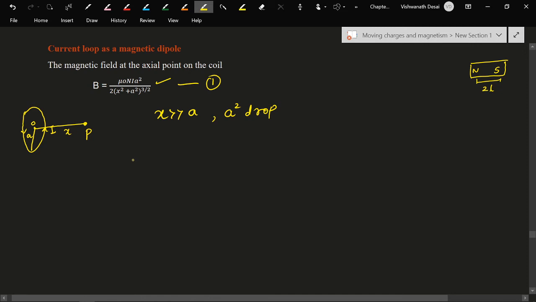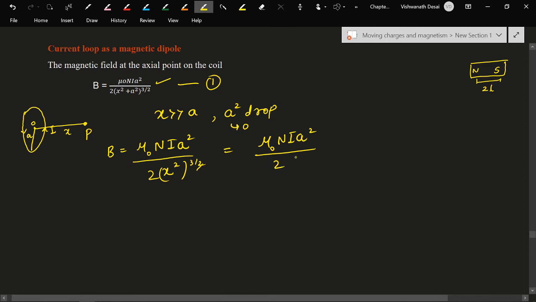Now the equation appears like B is equal to mu naught n I A square divided by 2 times x square to the power 3 by 2, as A is considered 0. Simplifying this, the 2s cancel, and you get mu naught n I A square divided by 2x cube. I will call this equation 2 for the time being.